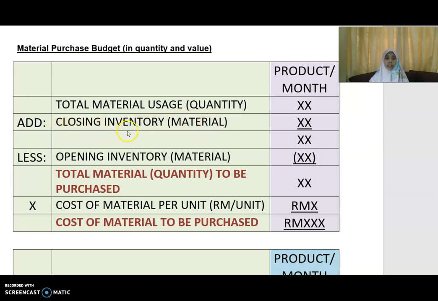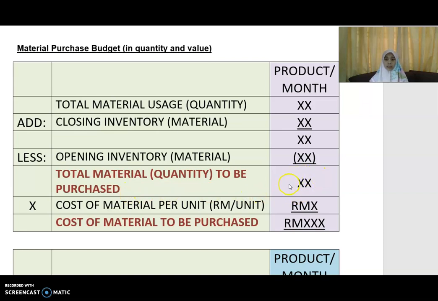The same concept applies as before: you add the closing inventory and less your opening inventory. Then you will arrive at the total material quantity to be purchased.